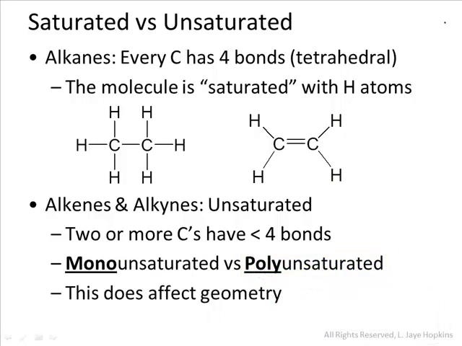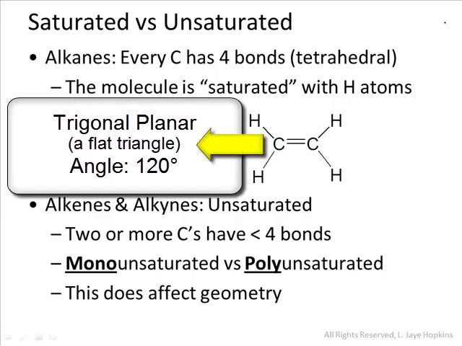Finally, notice that this change from single bonds and saturated molecules to a double bond and an unsaturated molecule will have an effect on the molecule's geometry. We know that the carbons in an alkane are tetrahedral. The carbons in an alkene are trigonal planar, also known as planar triangular.